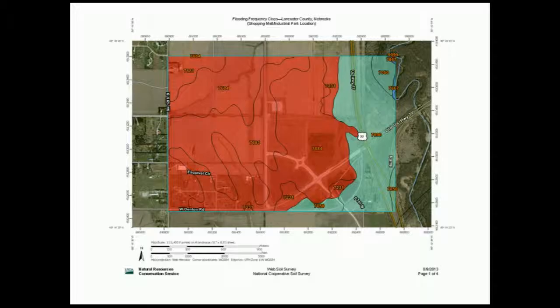And the last thing I want to cover is the flooding frequency. So obviously flooding is a huge issue when you're building things. One flood could destroy lots of property. So for the majority of the area of interest, flooding isn't a huge risk. And even in these blue areas here, it's only an occasional risk.